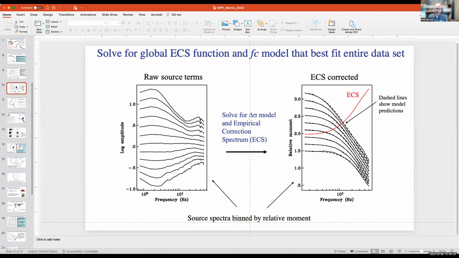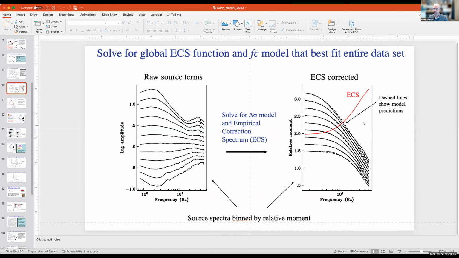Yeah, I think the problem is that this function controls the amount of high frequencies in the source. So if you move this up, that's going to remove high frequencies from the source. It's going to shift all of the corner frequencies down, and you're going to get lower stress drops. And if you move this down, you're going to get higher stress drops.